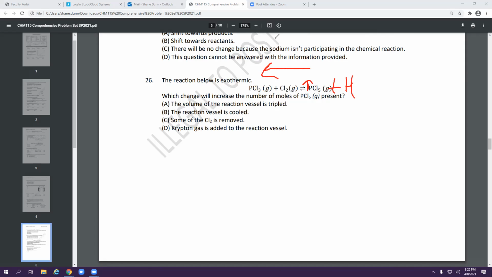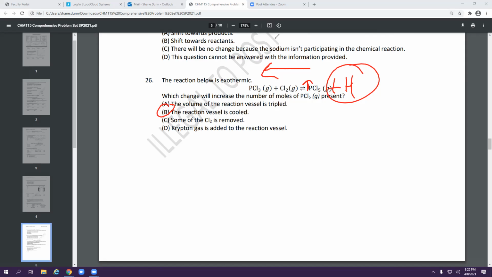So I won't lose any because I added some, right? So what's going to go down instead? Heat's going to go down, right? And that's why the answer is B, because I need to use heat to force it in the other direction. Because if a reaction is exothermic, if it goes the opposite direction, it will become endothermic.